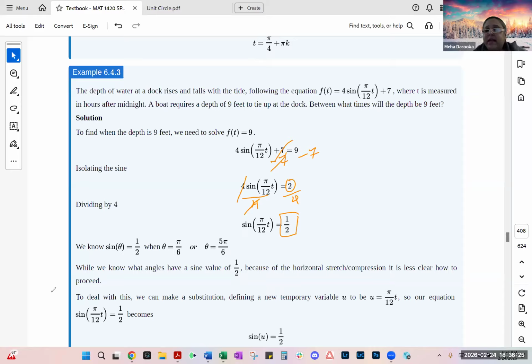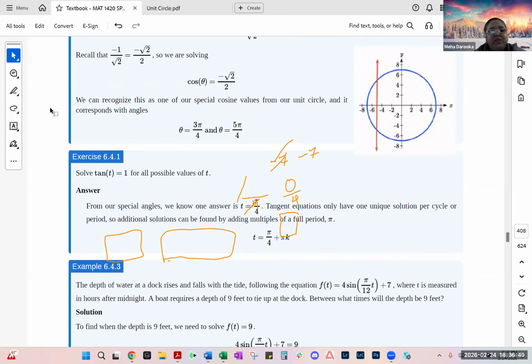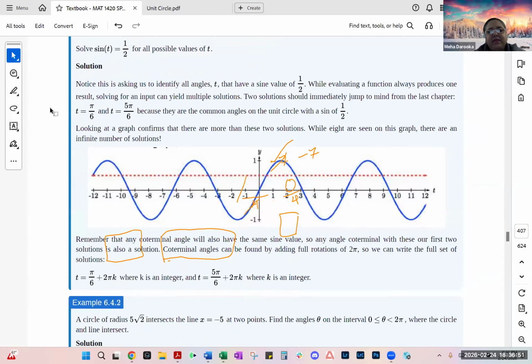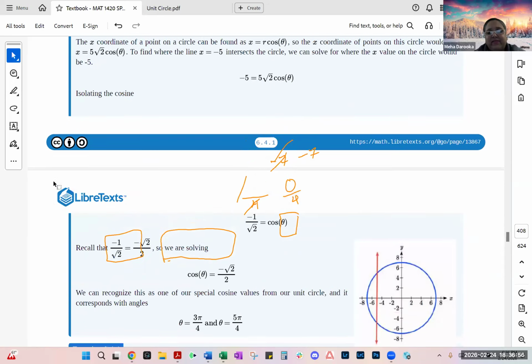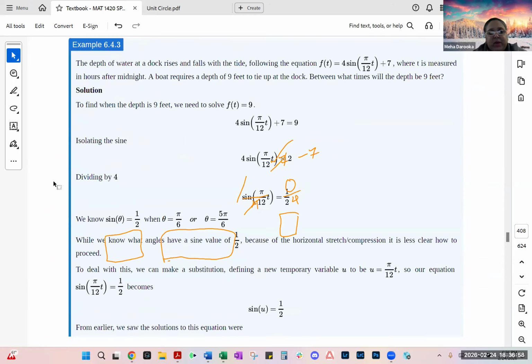But if we break this down into a more generic form for the first part, then we can come back and look at the specific one with pi over 12 t. We know that the sine function at any angle theta is 1/2 when theta is equal to pi over 6 or 5 pi over 6, right? And remember, we just did that in this first example. So we know pi over 6 and 5 pi over 6 will satisfy sine being equal to 1/2.